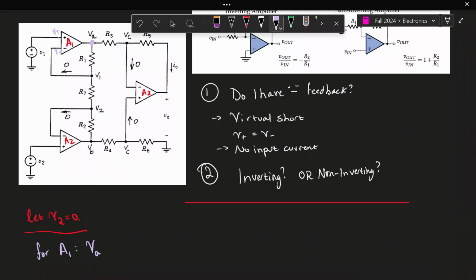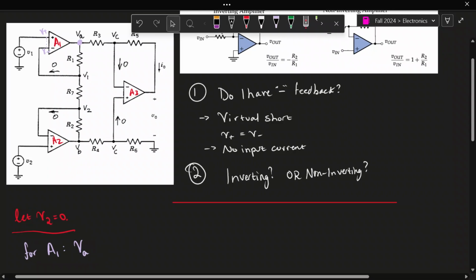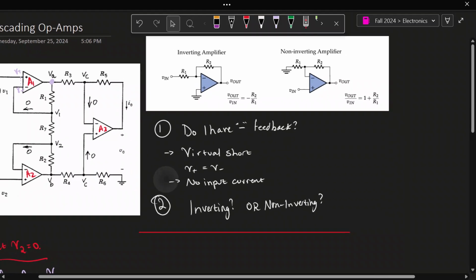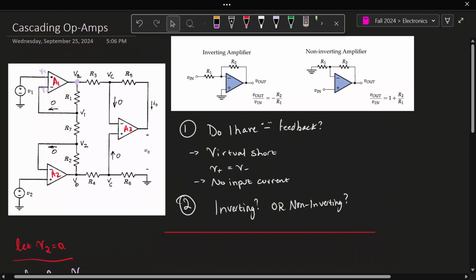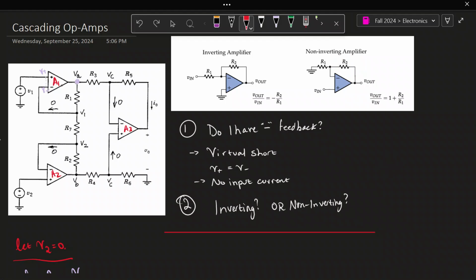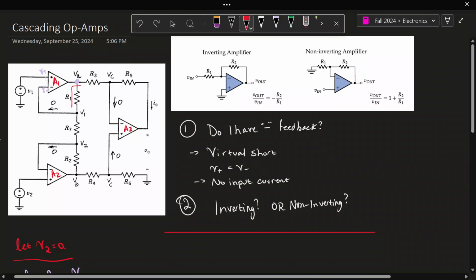Okay, so now, what is our R2 and R1? This isn't so clear, or maybe it is for some of you. What is R2? R2 is our feedback resistor. Which one is our feedback resistor for A1? Well, this is our feedback resistor, R1.